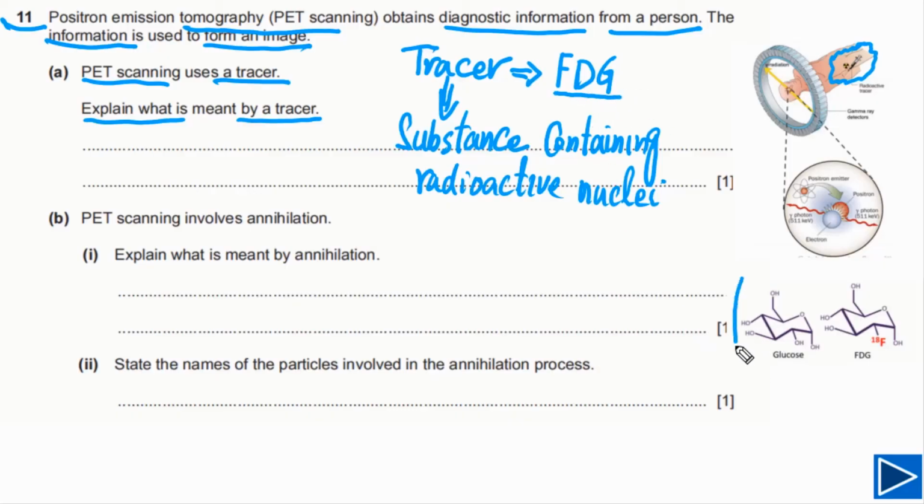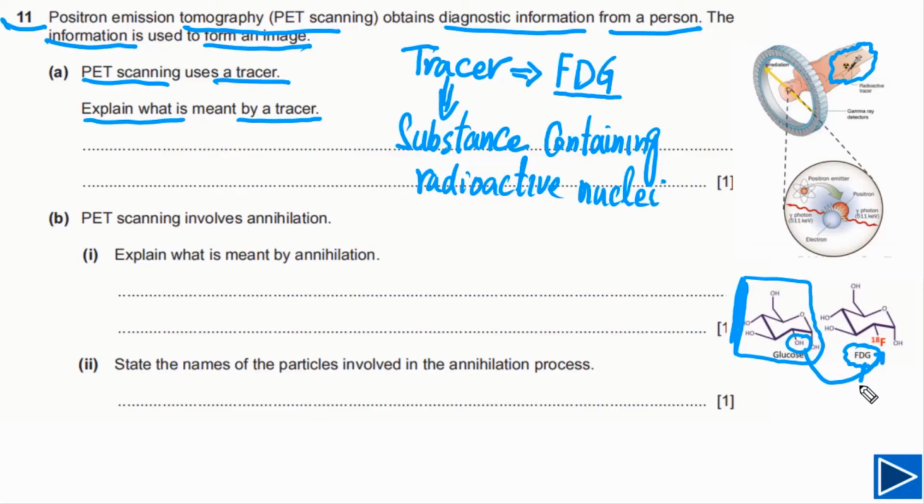So what is fluorodeoxyglucose? First thing we need to understand is normal, the common glucose. So this is the structure of common glucose. But if we replace OH with fluorine 18, and fluorine 18 is a radioactive nucleus, then we call the glucose FDG, and FDG is a tracer that is injected into the body of the patient.